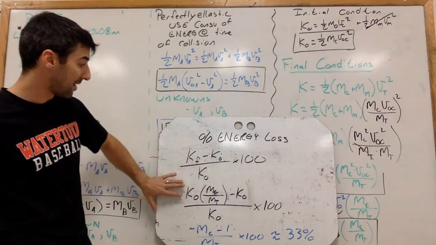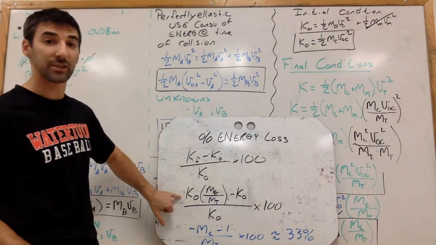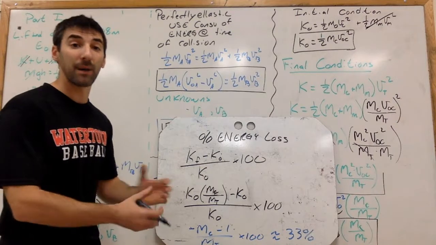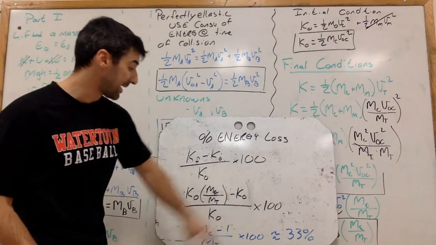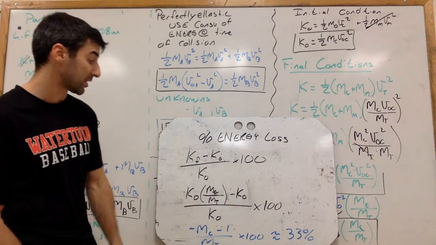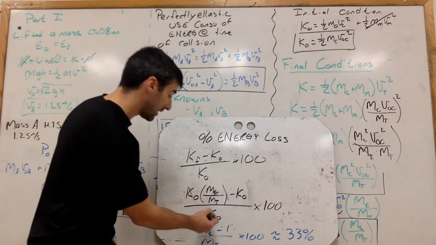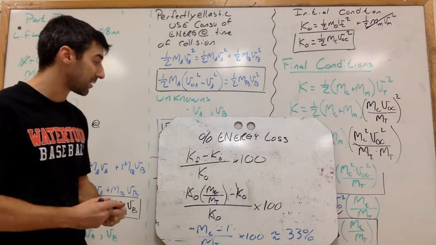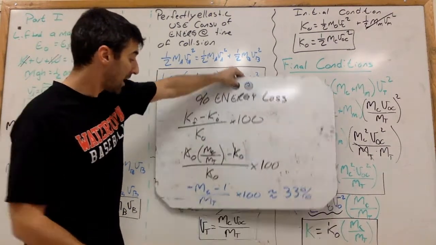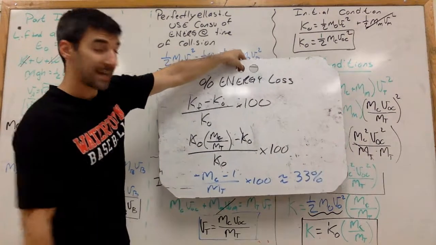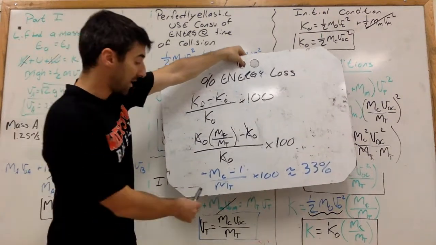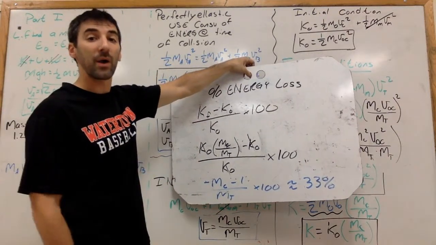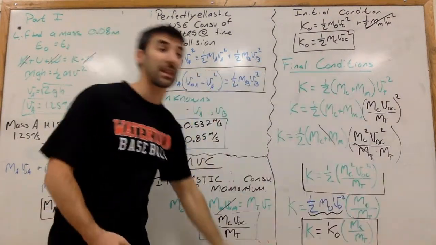My final is my initial kinetic energy times the mass of the car divided by the total mass of the system, minus my initial kinetic energy, divided by my initial kinetic energy, and all of a sudden, everything is canceling out. I'm losing a lot of variables, which makes my life a little bit easier. I'm left with the mass of my car divided by the total mass of my system, minus 1, times 100. That all should come out to about 33% energy loss in the collision.